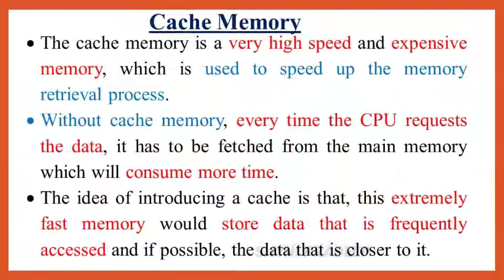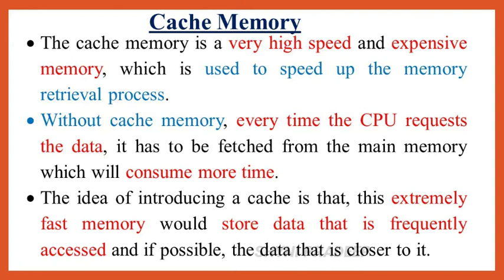Next, let us see about cache memory. It is very high speed and expensive memory which is used to speed up the memory retrieval process. If cache memory is not available, what will happen? Every time the CPU requests data, it has to be fetched from the main memory, which will take more time. So to avoid these drawbacks, cache memory is used.